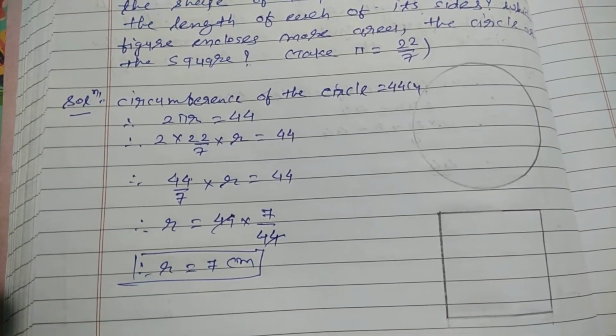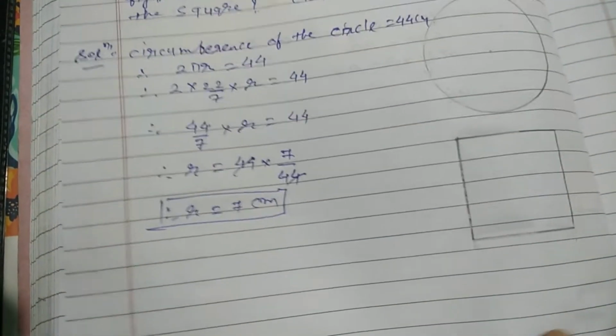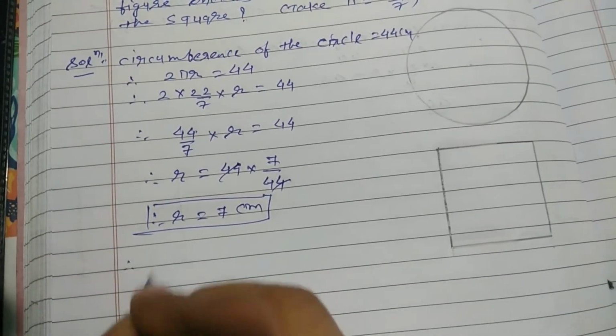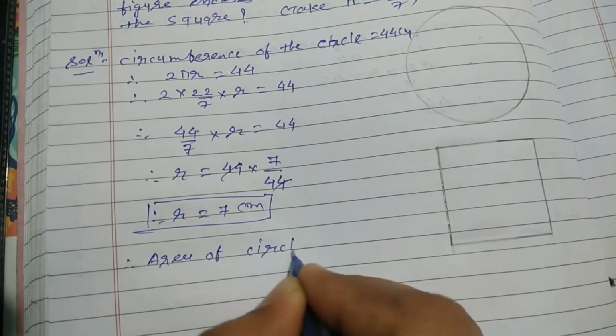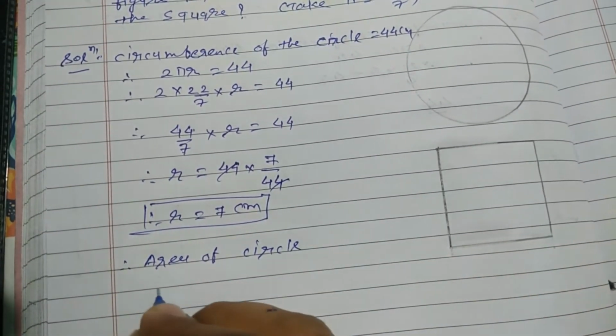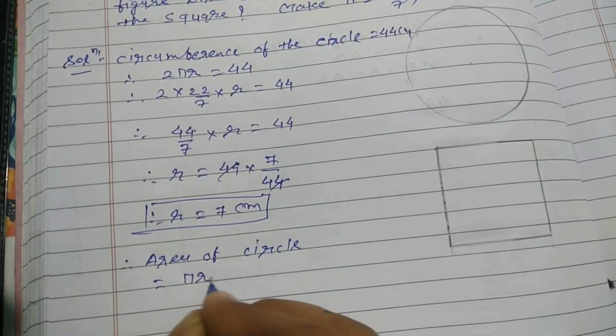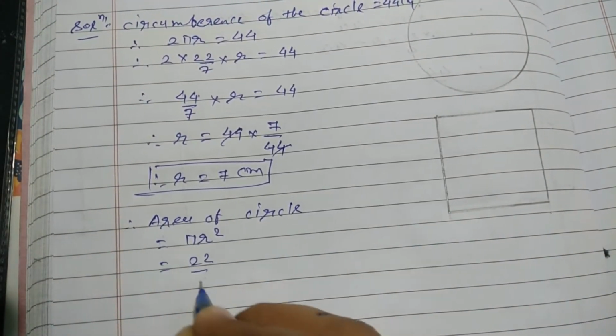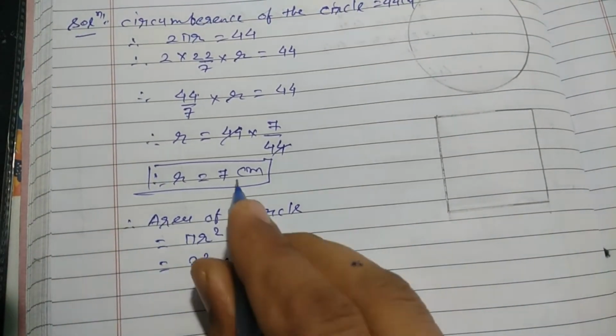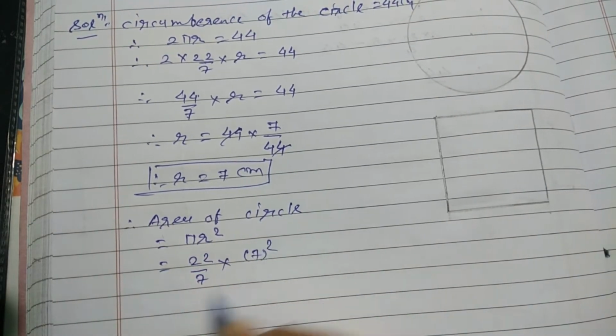So we found the radius, now we will find the area. Area of circle is equal to pi r square. We have to take the value of pi, that is 22 divided by 7, and r we have found, that is 7, so 7 square.